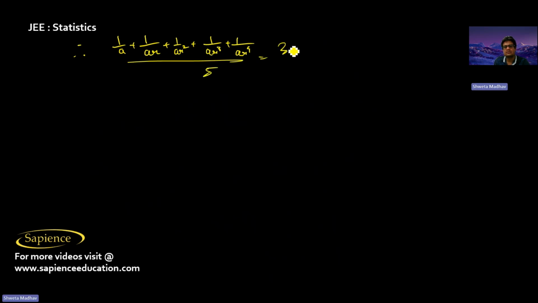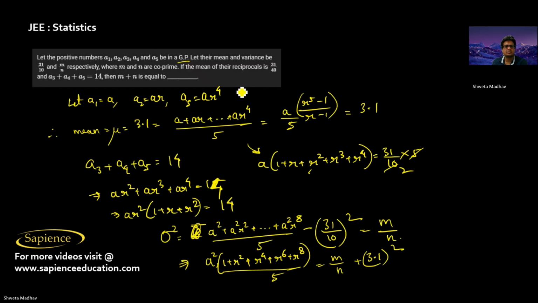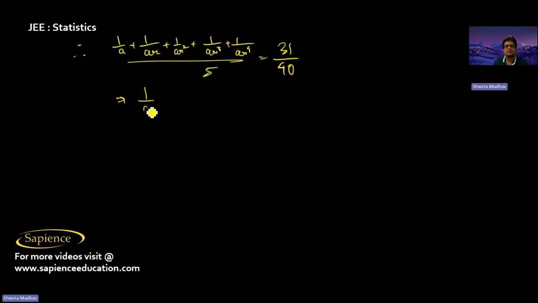It means, therefore, the mean of 1 by a plus 1 by ar plus 1 by ar square plus 1 by ar power 3 plus 1 by ar power 4 divided by 5 is equal to 31 by 40. Therefore, I can say 1 by a into 1 plus 1 by r plus 1 by r square plus 1 by r power 3 plus 1 by r power 4 is equal to 31 by 40.